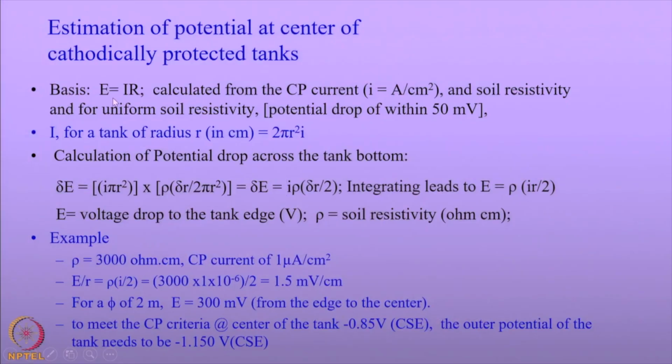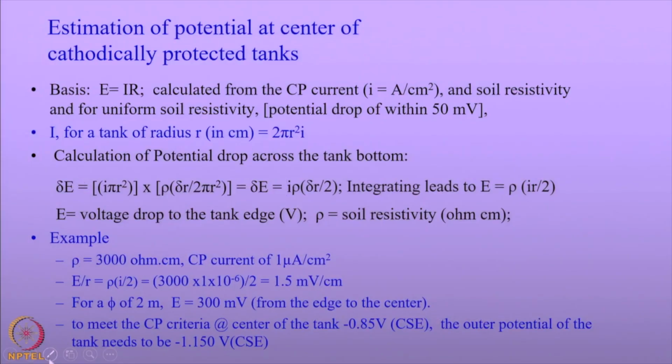However, it is also possible to estimate the potential of the structure with respect to soil at the center of a cathodically protected tank, and that is done by using a simple equation, that is Ohm's law.